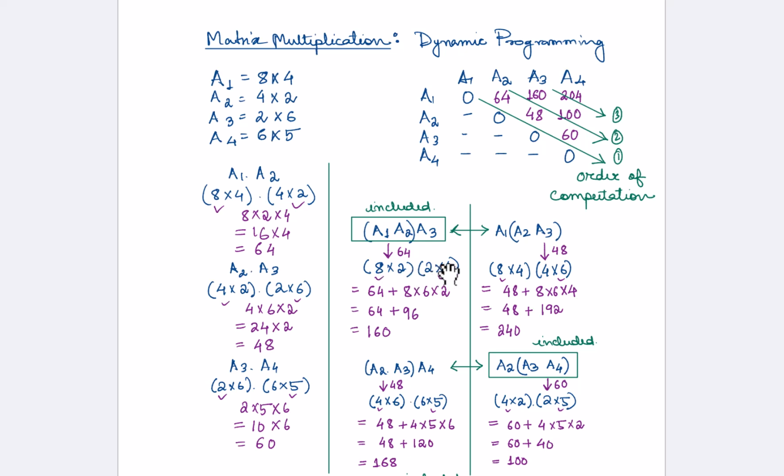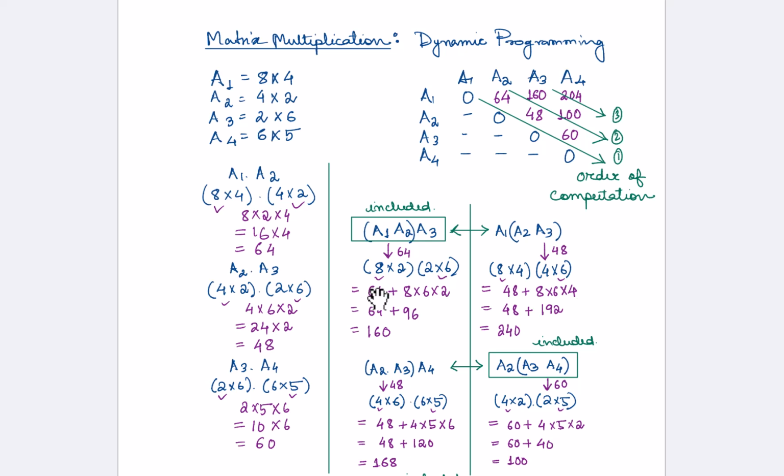To find out the number of multiplications when we multiply these two matrices, we have to go for calculation. I've already told you how I do it. We take the extreme values 8 and 6 and then take the common value 2. So we have 8 into 6 into 2. I've written it here. Also, for obtaining A1 into A2, we already know that 64 multiplications were required. So 64 is written because we have already done a prior multiplication.